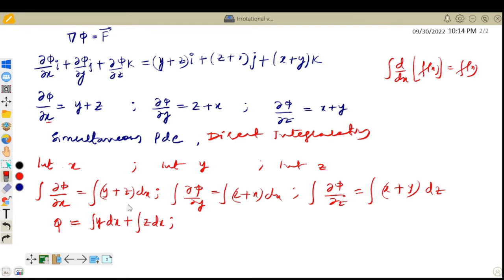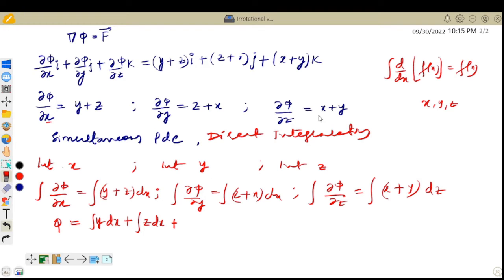But one thing we should remember here: since we have integrated, we need to add the arbitrary constant. It's very important. But we are not integrating ordinarily, because here we have more than one independent variable. What are the independent variables? x, y, z.